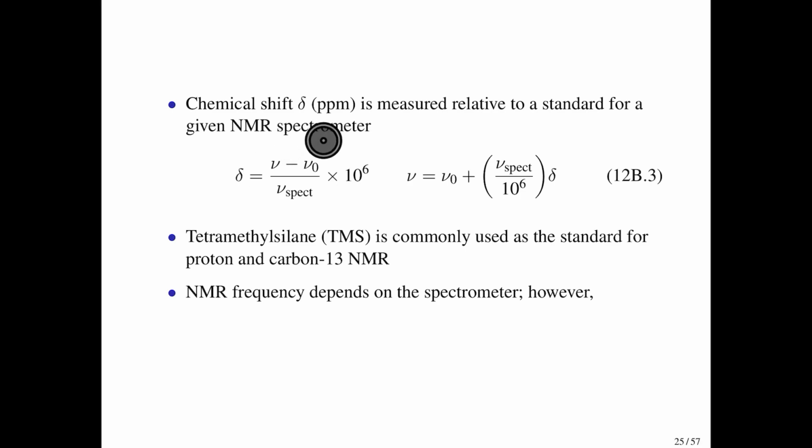And so that's the frequency of your standard. Then the chemical shift is measured as a difference between the frequency of the particular nucleus and the standard, divided by the operating frequency of the NMR spectrometer, and then you multiply that by 1,000,000. You can rearrange this equation and solve for the NMR frequency of your nucleus in terms of the NMR frequency of your standard, plus this correction factor involving the chemical shift.